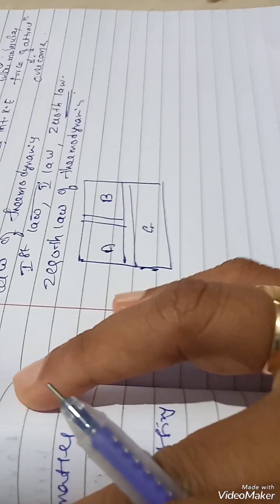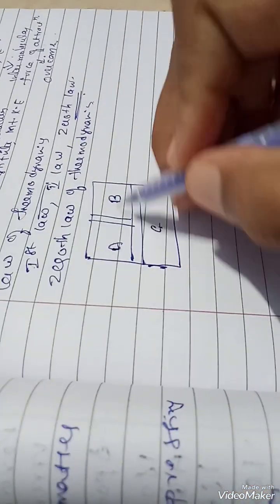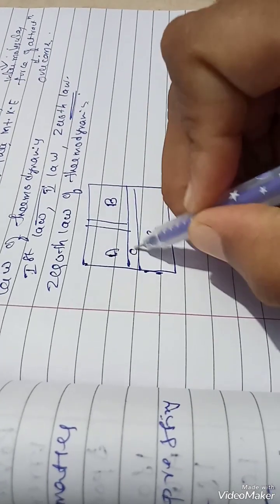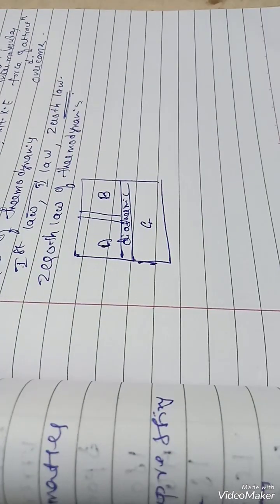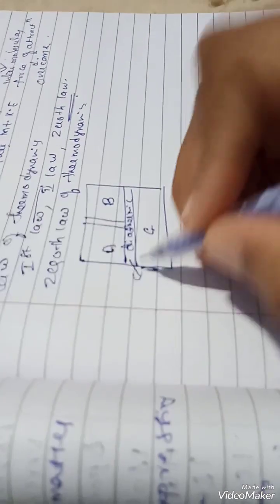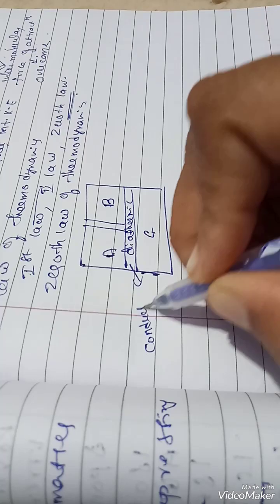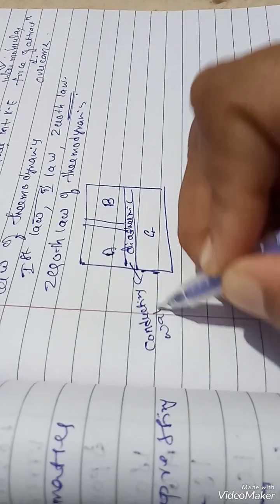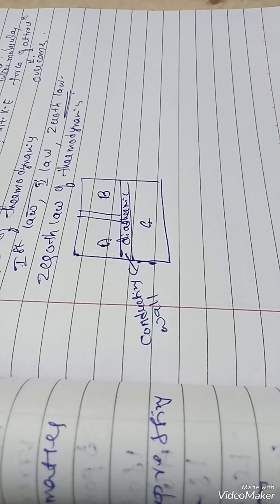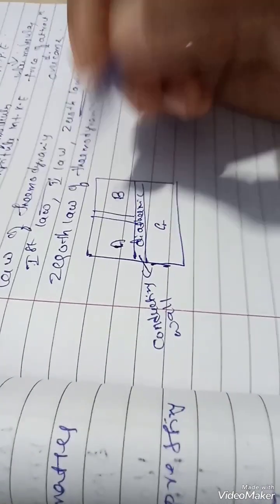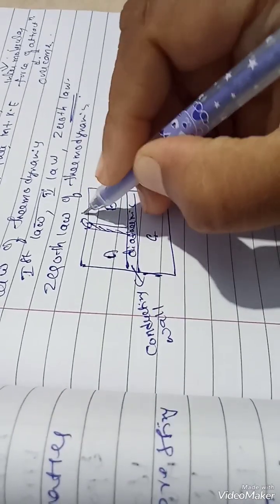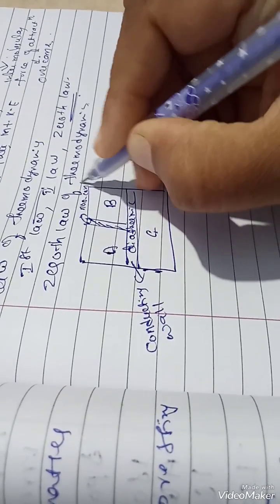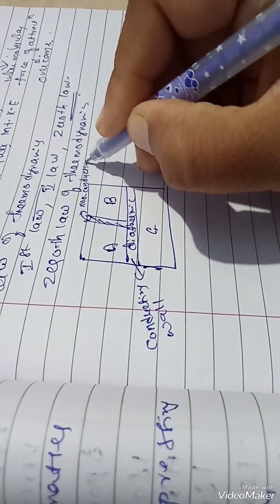I separated C from AB with a diathermic wall. Diathermic wall means conducting wall, we can say. And this one is a non-conducting wall, or perfectly insulating wall.